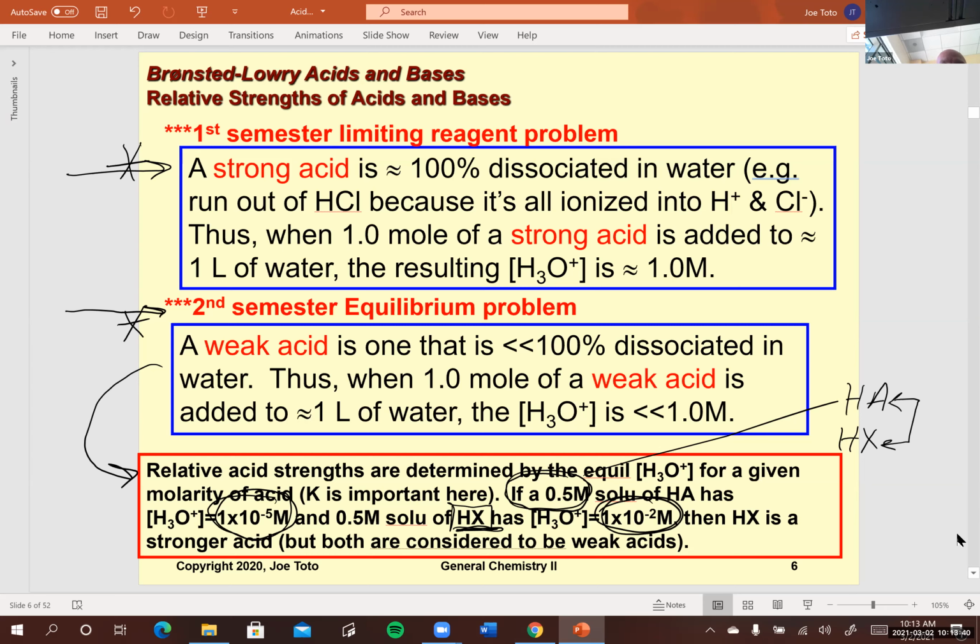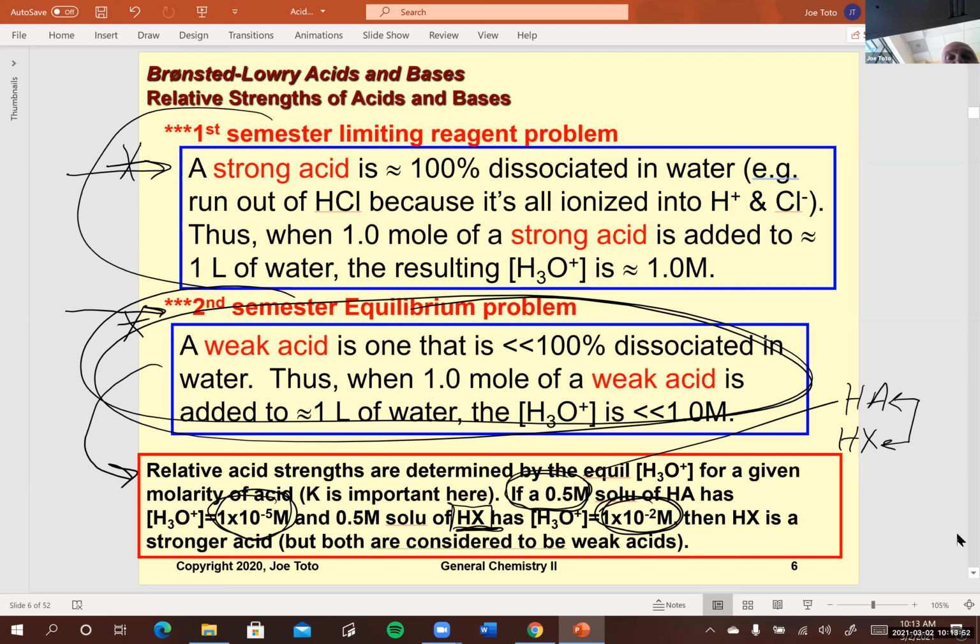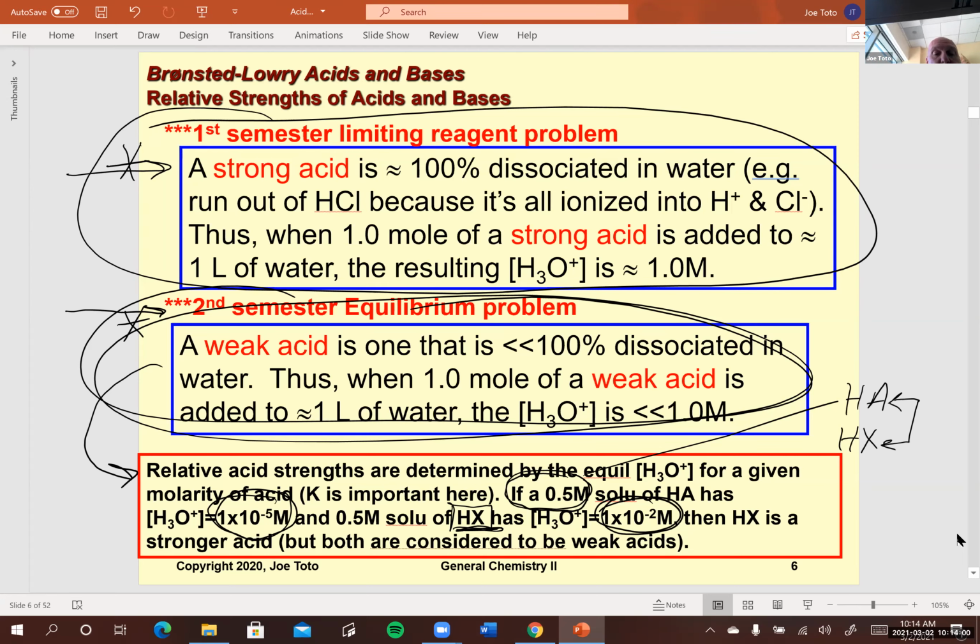Okay, so just to recap, weak acids and bases are going to be the meat and potatoes of this chapter, but you're going to need to be able to recognize the strong acids from first semester general chemistry, so you don't apply ice table techniques to solve those kind of problems.